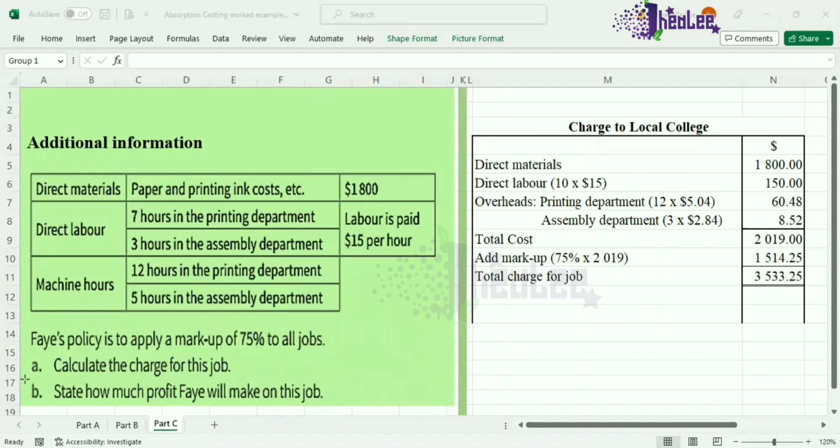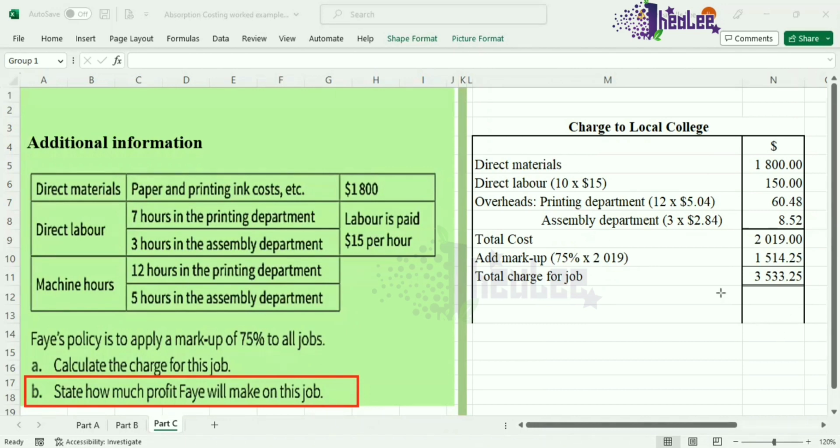We're now going to move into part B, where it asks us to state how much profit FAE will make on this job, and tells you the job costs FAE $2,019 to complete. FAE adds a markup of 75% to determine the amount that is to be charged for the job.